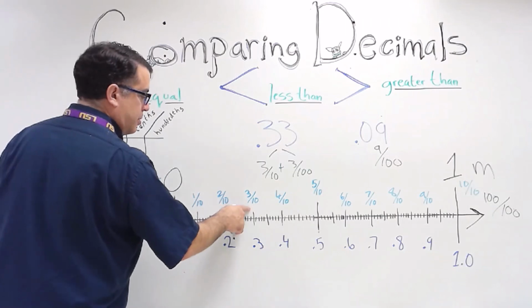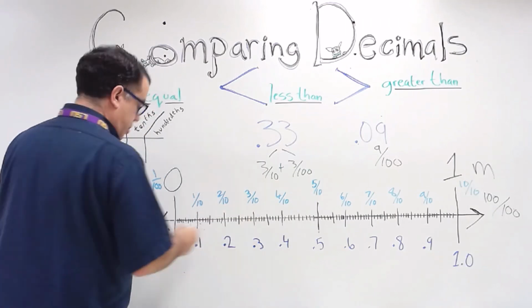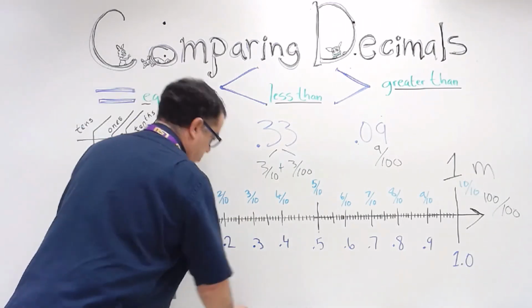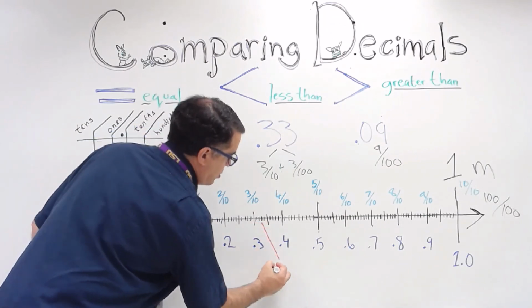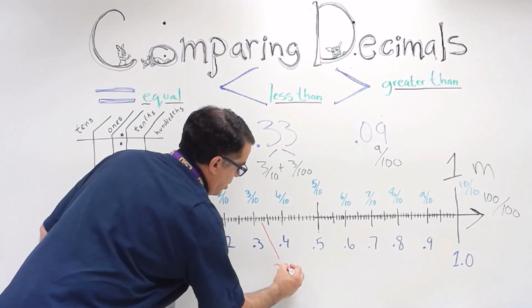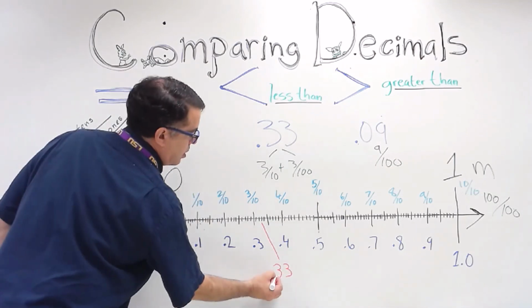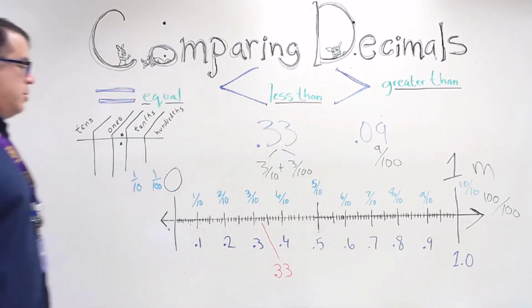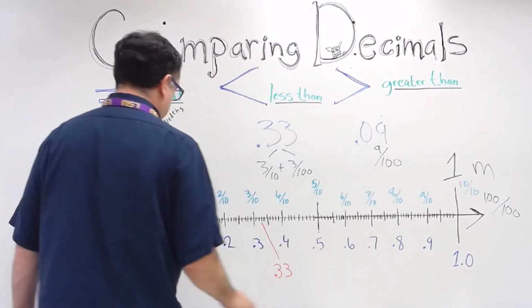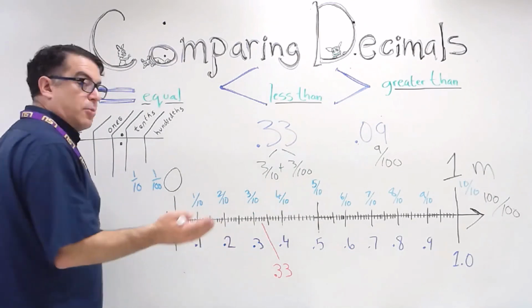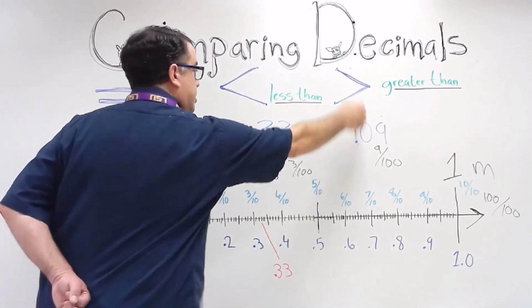Here's 3/10, and then 1, 2, 3. It's right there. Let me get red. 3 hundredths is right there. So this is 3/10 plus 3 hundredths, or 33 hundredths. Where is 9 hundredths at? Well, it's less than 1/10. There's no tenths here at all.